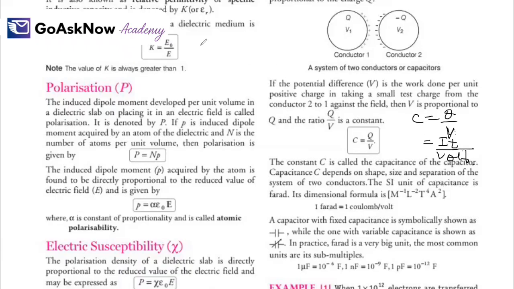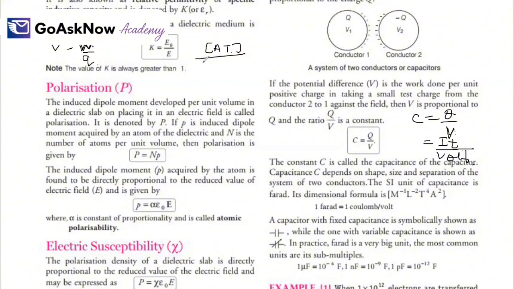Here I is the ampere, and this is time, upon volt. Volt is what? V is work done upon charge.